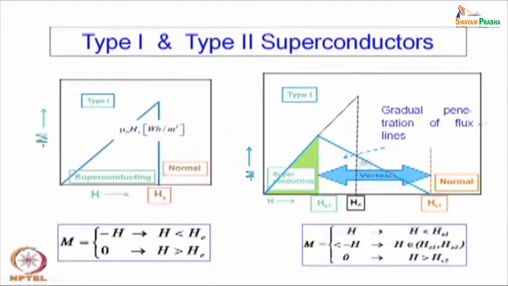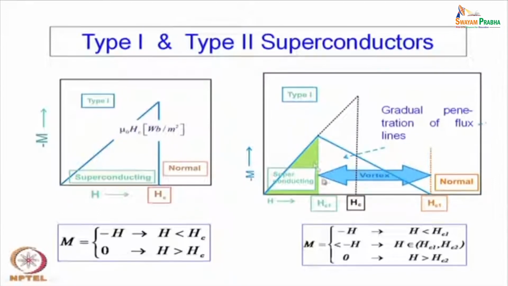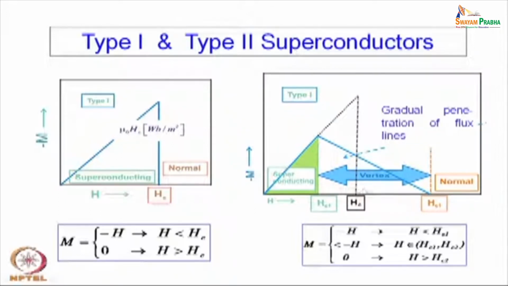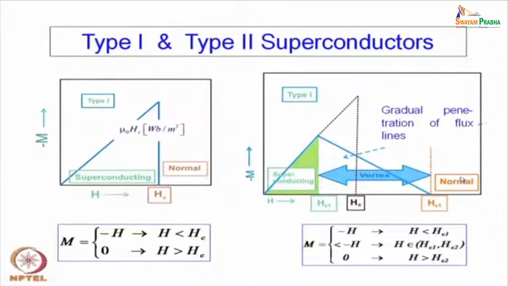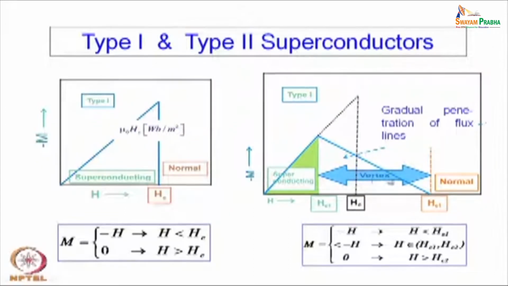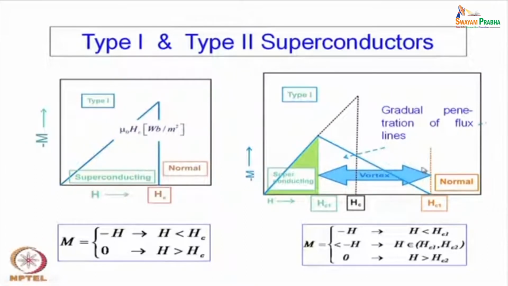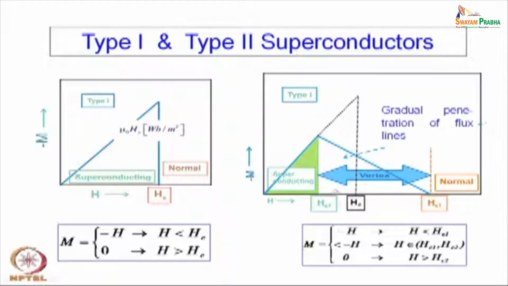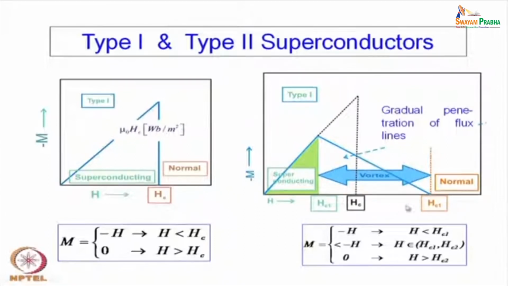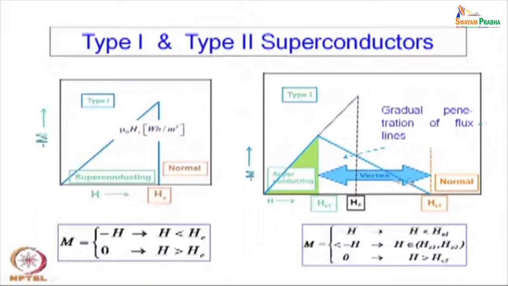So, this is again a straight line behavior, and you have a purely superconducting phase, a purely non-superconducting phase, and then this is a mixed phase. This is basically a dual phase in terms of the phase diagram. This particular region between this value of magnetic field and this value of magnetic field is called the vortex region.